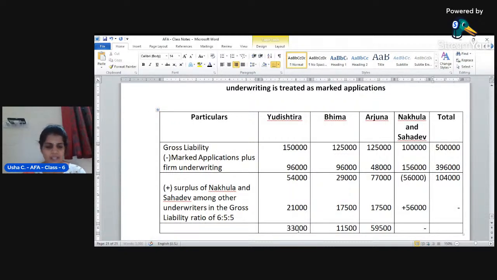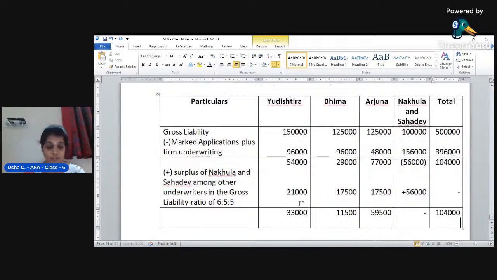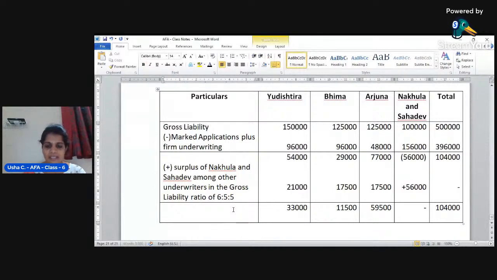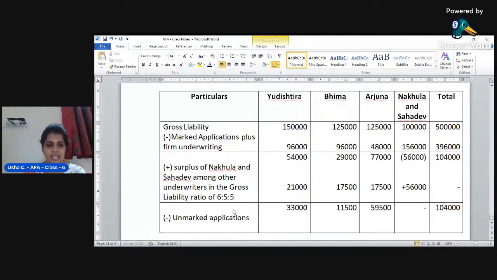Then the total must be 1,04,000. Now what you should do? You should deduct unmarked applications. Let us calculate in the working note. So refer to the working note.